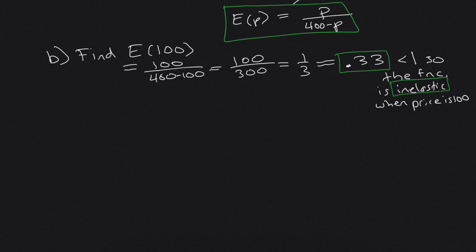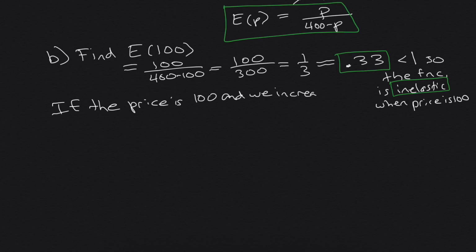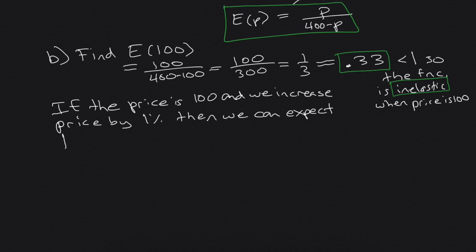So, finding that E of 100 is equal to 0.33, what this means is if the price is $100 or whatever it might be, so if the price is 100 and we increase the price by something small, let's say 1%, we can expect the demand to decrease 0.33%.